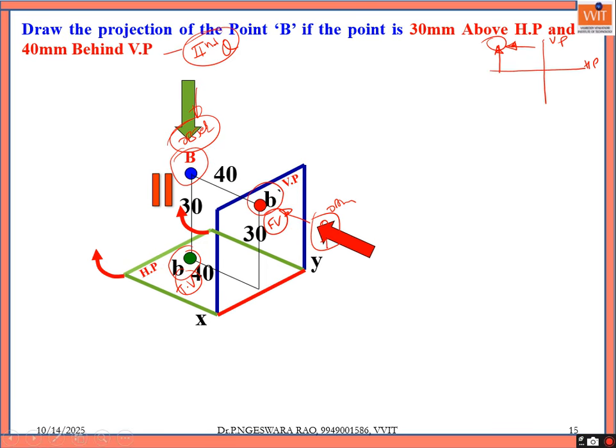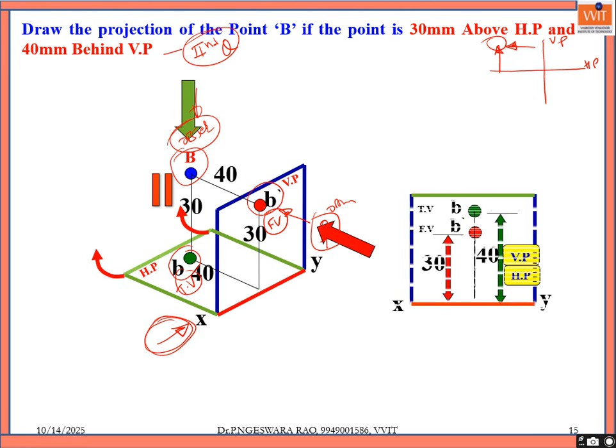Now apply the rule. What is the rule? Always when we are seeing in this direction, I want to see both the front view image as well as the top view image at the same time, as our drawing sheet is a plain paper. Hence, rotate the horizontal plane, when seeing from this direction, clockwise by 90 degrees. Clockwise means the horizontal plane in this case will go upside.